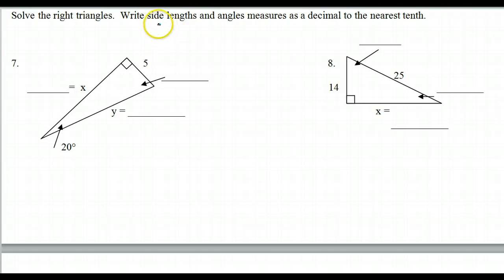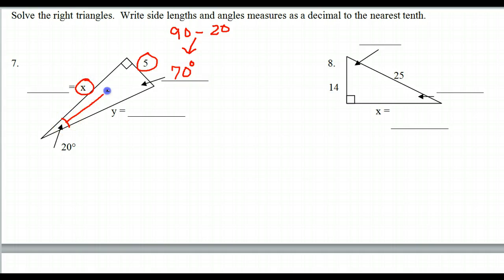Solve the right triangles. Nearest tenth. Okay, so these are the good old problems that we always do. If this angle is 20, of course this angle is going to be 70 degrees. How did we get that? We just did 90 minus 20. If I want to find x, this side over here, looking at the 20 that we've got, the 5 is opposite and the x is adjacent.